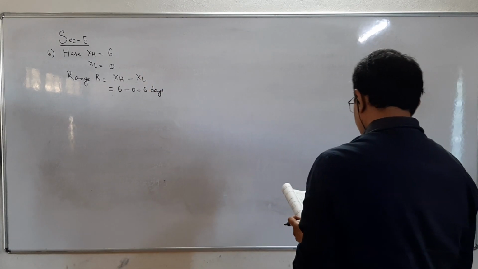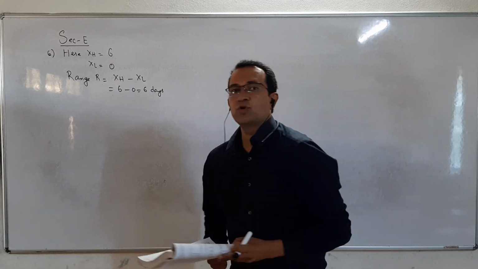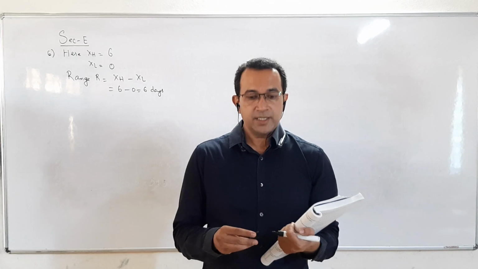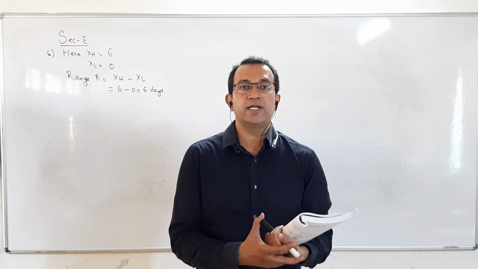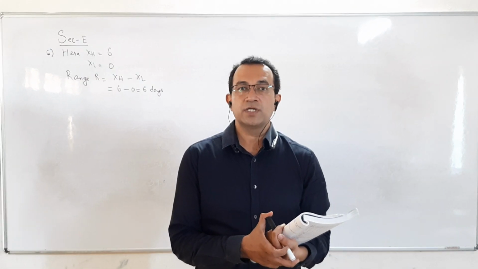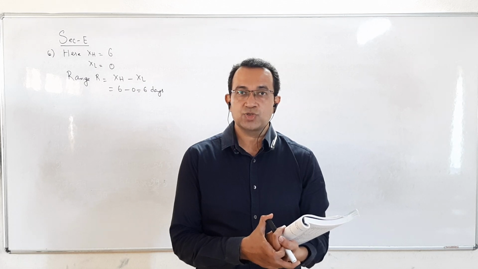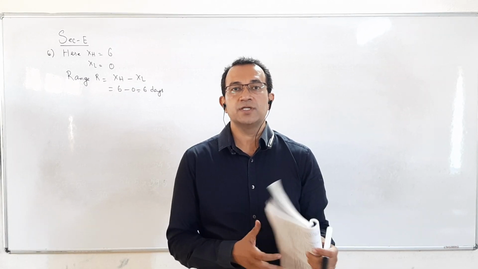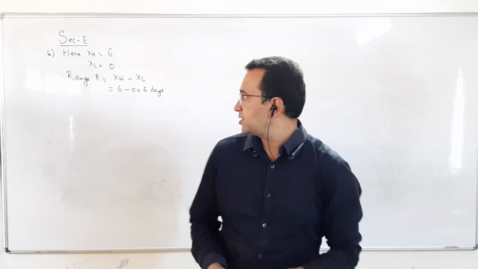Now recall I have told you, whenever the range is less than or equal to 10, it is advisable to prepare a discrete frequency distribution. So here we will go for which type of distribution? The answer is discrete.